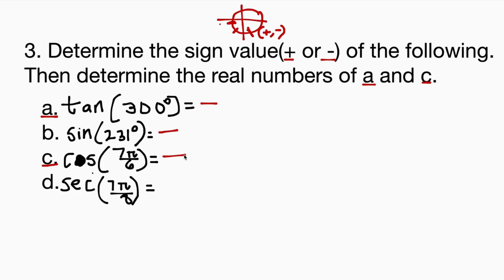Then we have secant of 7 pi over 8, which is just the reciprocal of cosine. So basically, if we find the sign of cosine, we can assume it's the same for secant. So the cosine of 7 pi over 8 is going to be a negative value.